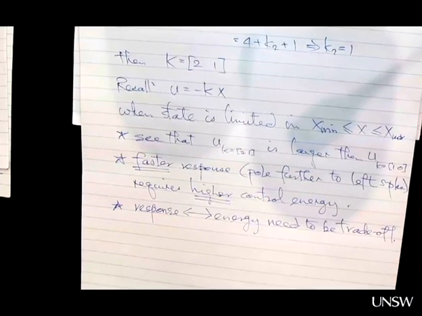We want a faster response, but this faster response is not free, right? We need to apply a higher energy into the system so that it can respond faster. Okay, any question on this? Agree with this?